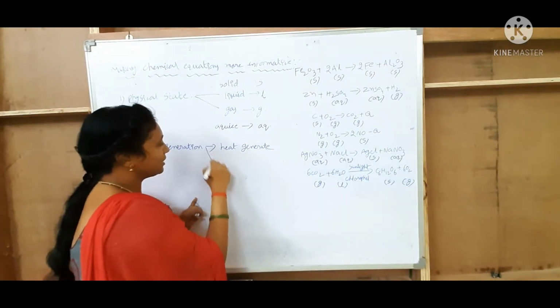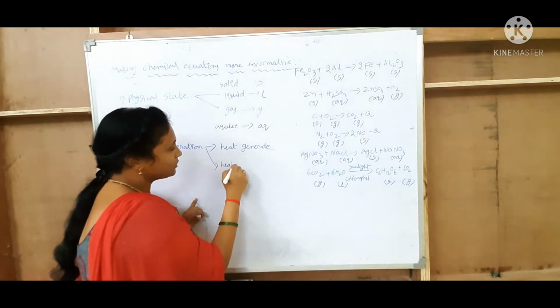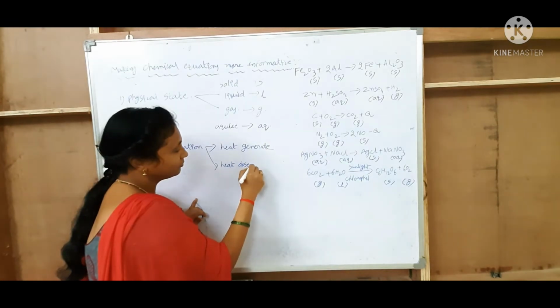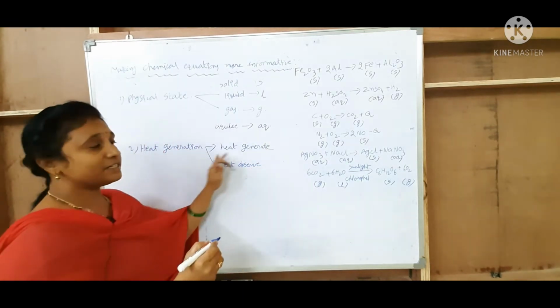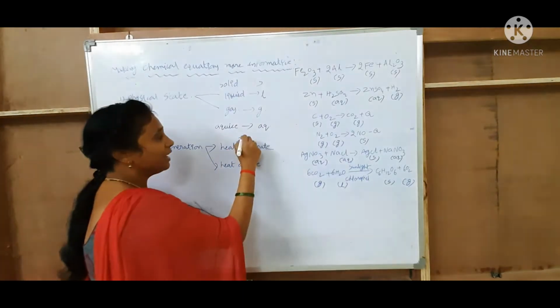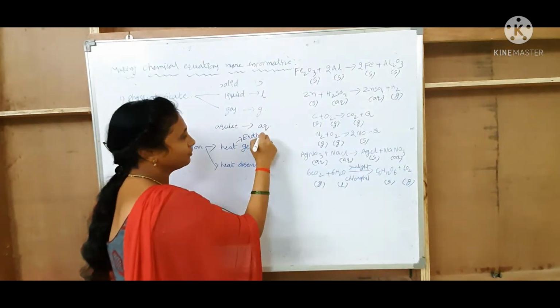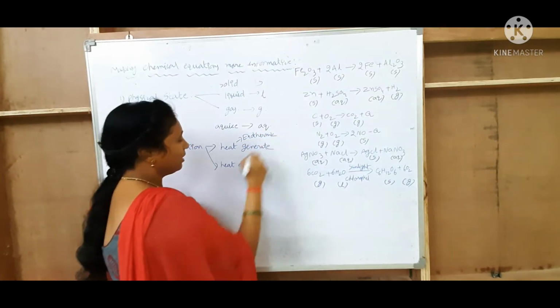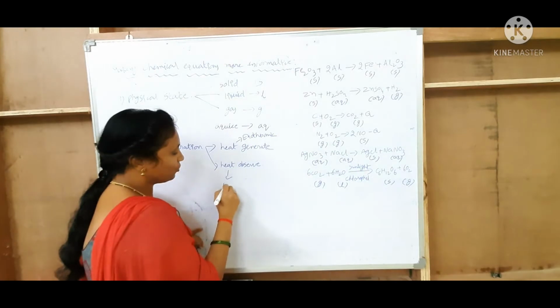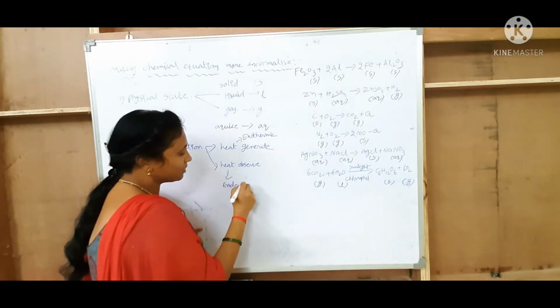Some chemical reactions may absorb heat. The heat generating reactions are known as exothermic reactions. The heat absorbing reactions are known as endothermic reactions.